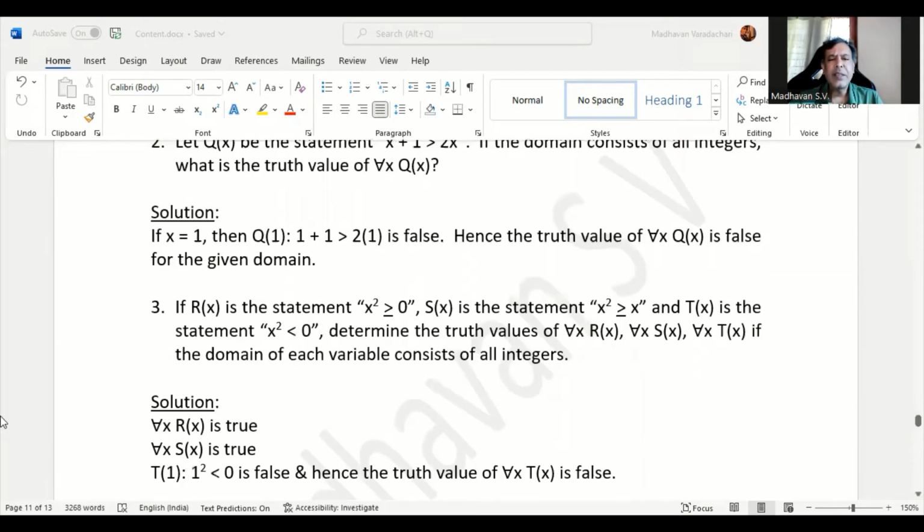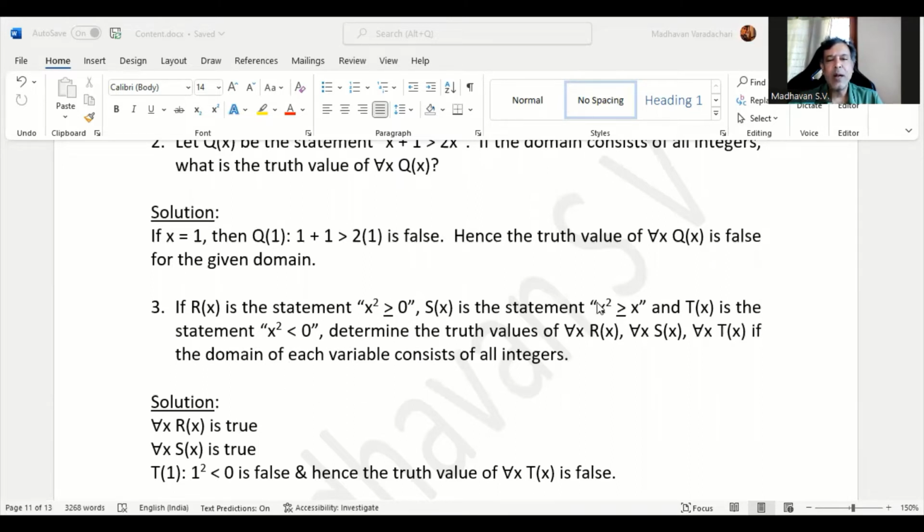So all integers means it can be negative or positive. Even if I put a negative number here, since it is getting squared, it will become positive, and a positive number will definitely be greater than 0. If I put x as 0, then it is equal to 0. So for all x, R of x is true.